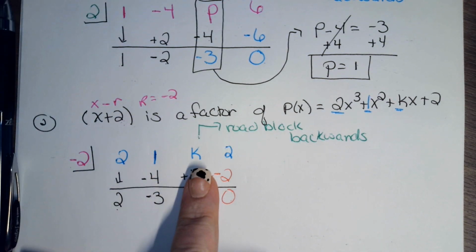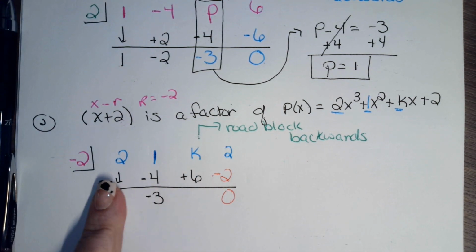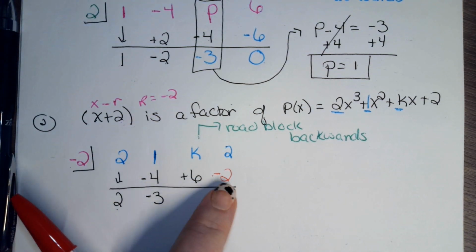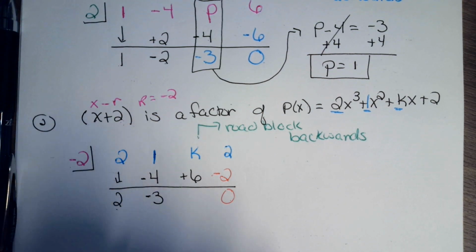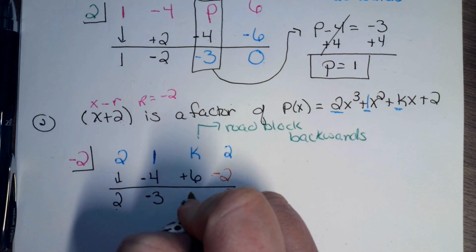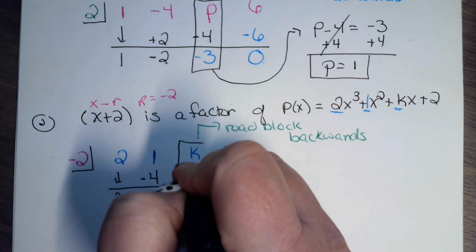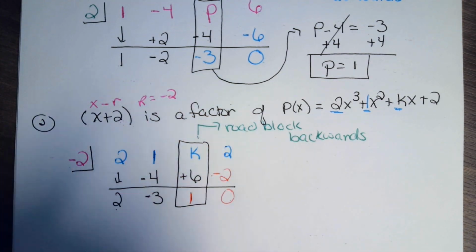Working forward, we multiply, but since we're working backwards, we've got to divide. So we're going to take this number and divide it by our root. So negative 2 divided by negative 2 gives us a positive 1. Here is our simple equation that we need in order to solve for k.